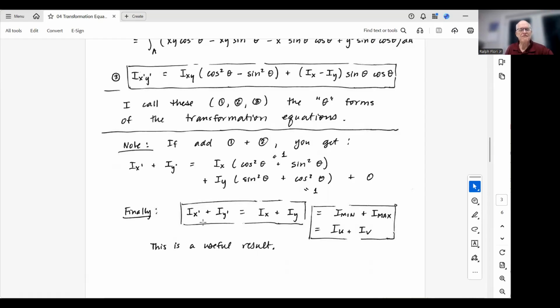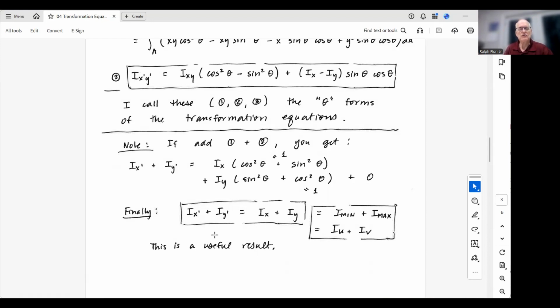And this is called an invariant property, which basically says in my original orientation, my Ix plus my Iy is equal to the sum of my Iu plus Iv, or my Ix prime plus my Iy prime. And so it can be useful for you to find something from something else.